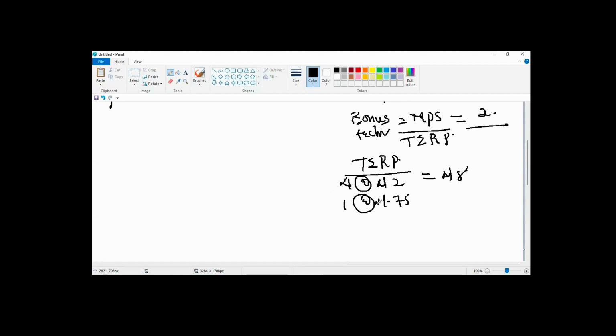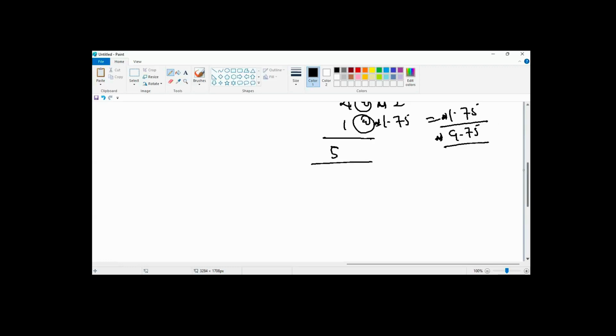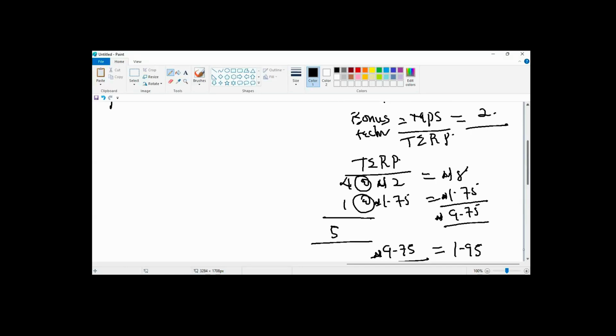That gives 9.75 over 5, which is 1.95. So 2 divided by 1.95.